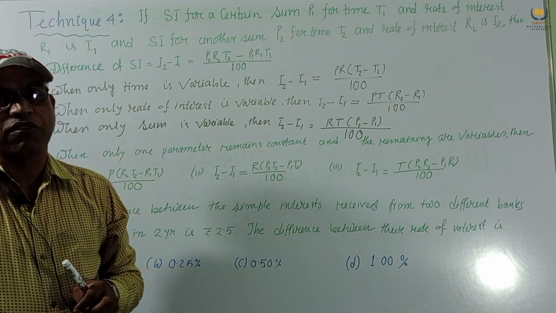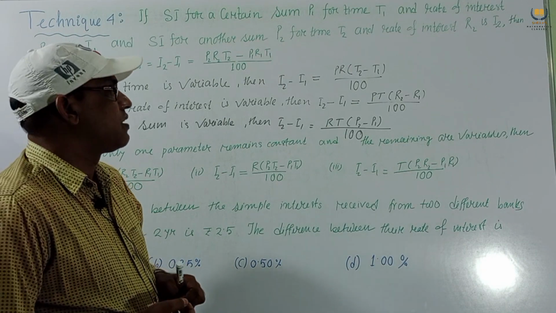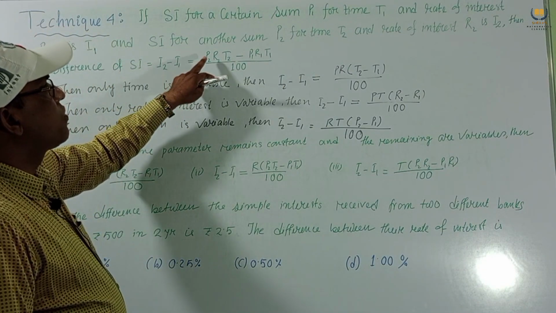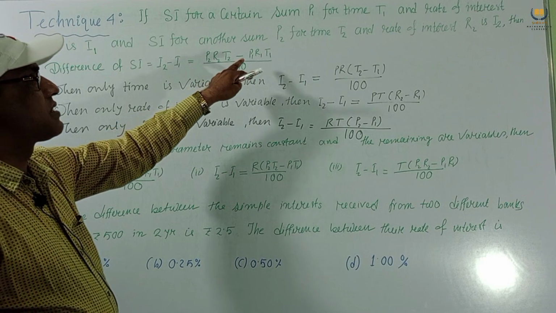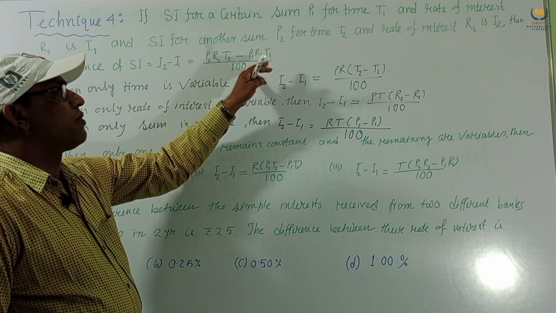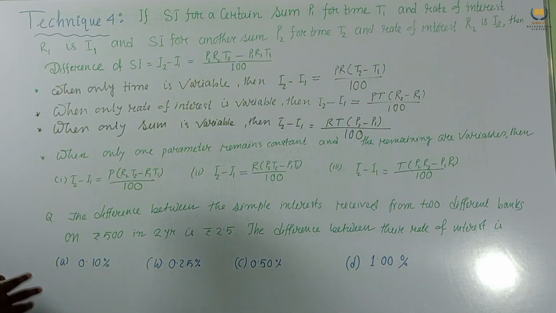This is our main formula. The difference between two simple interests is (P2 R2 T2 minus P1 R1 T1) by 100.